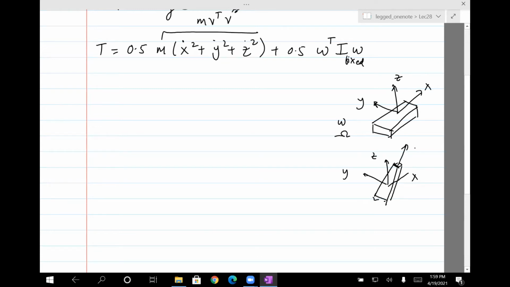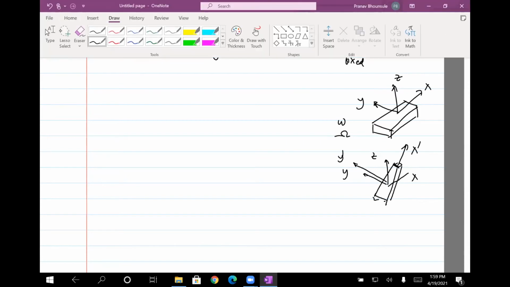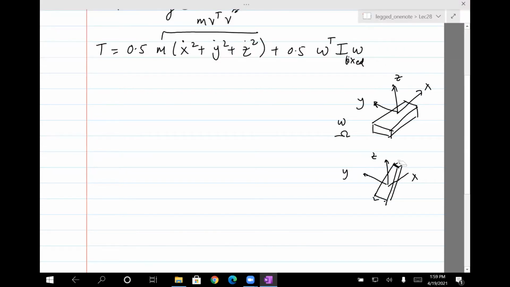And this is, by the way, the body frame. So x prime, y prime, sort of clutter. Let me change the color. I'm just going to randomly draw something like this. It's some orientation with the fixed xyz.